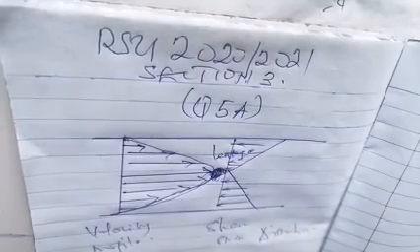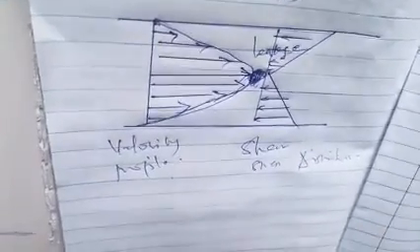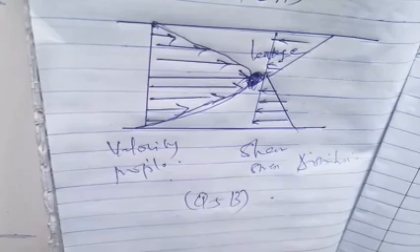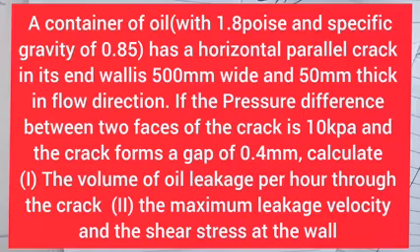So we'll move on to the B part of the question. Question 5B says a container of oil with 1.8 poise and specific gravity of 0.85 has a horizontal parallel crack in its end wall, which is 500 millimeters wide and 50 millimeters thick in flow direction.